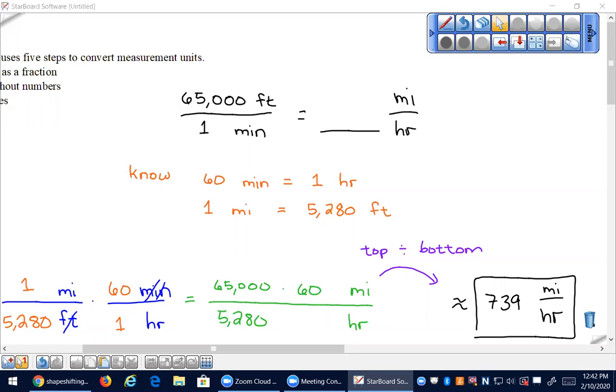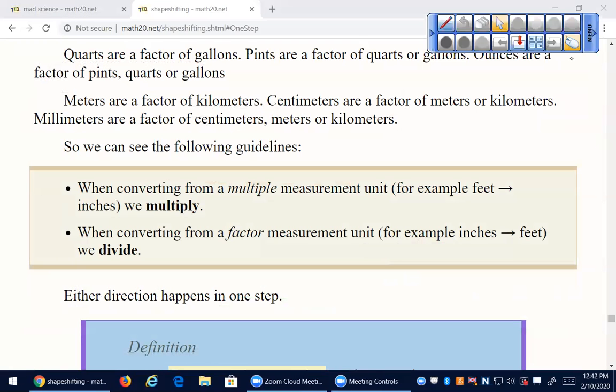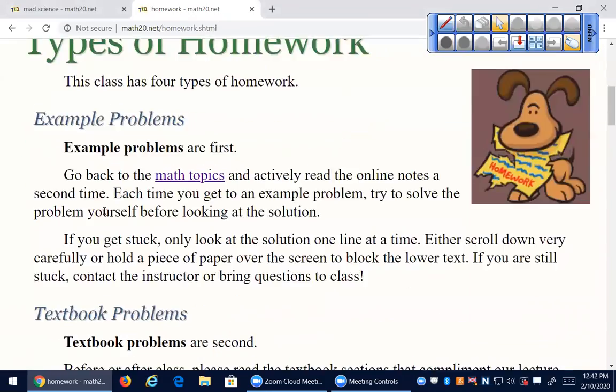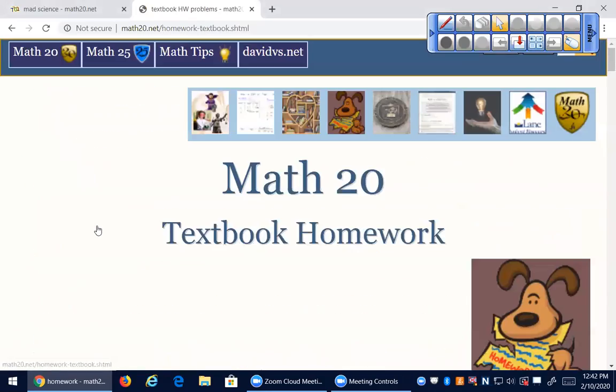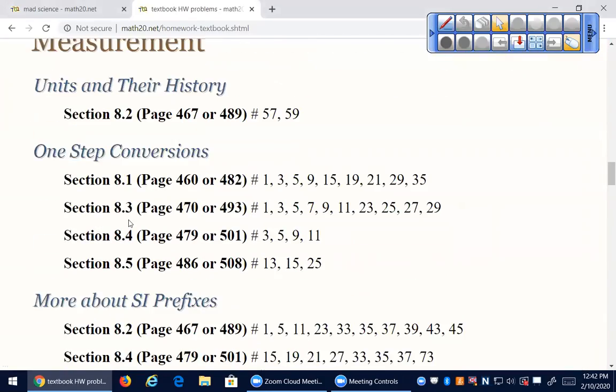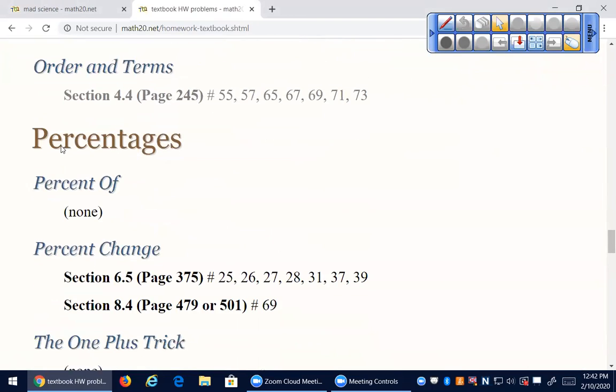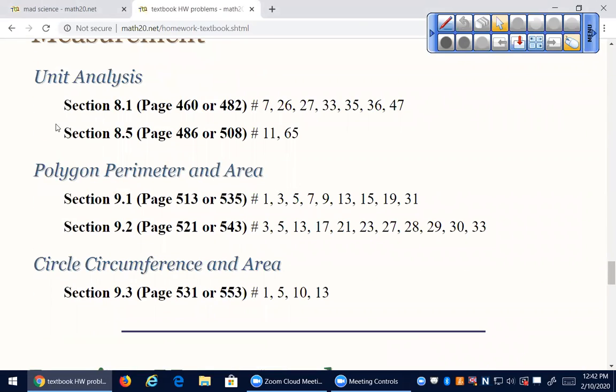Okay, a warning about the textbook. If you have the Bittinger textbook, when you go to the homework, then all of their problems, with very few exceptions, are wimpy. So down here with measurement, these unit analysis problems, they are almost all ones that you could just do with the one-step conversions.